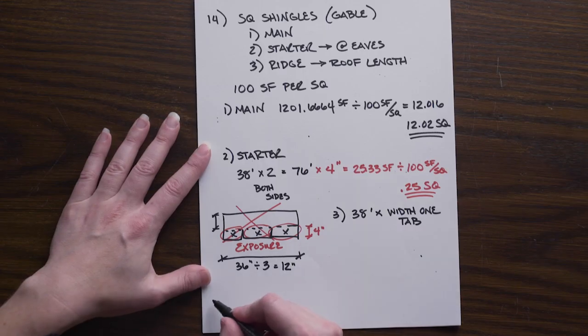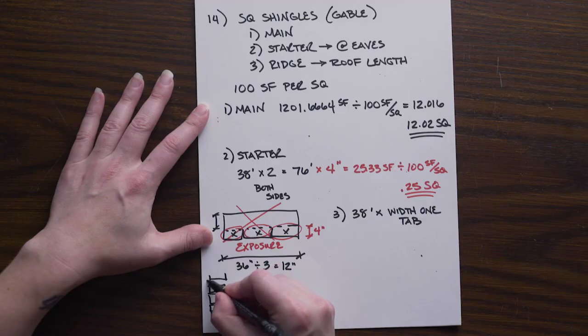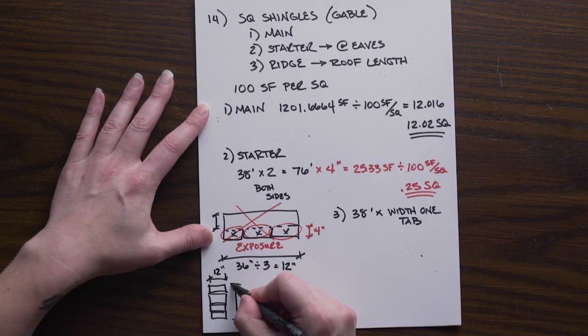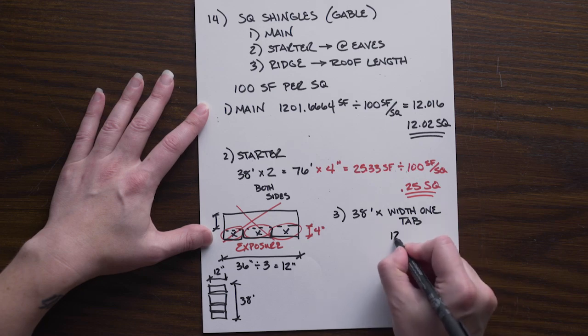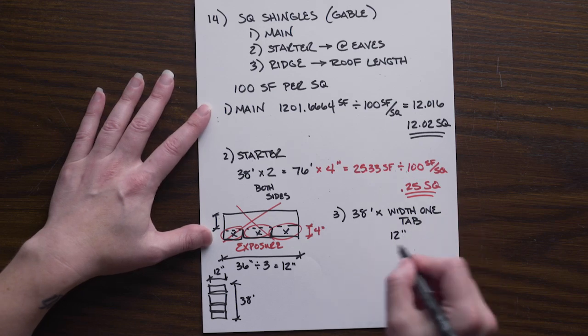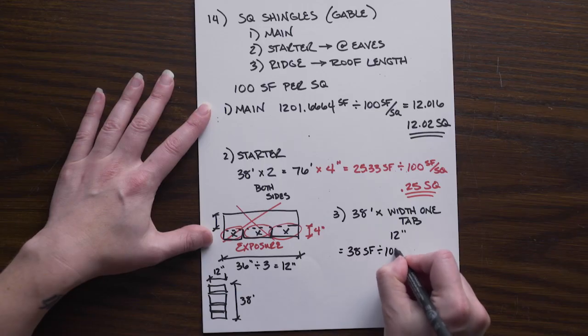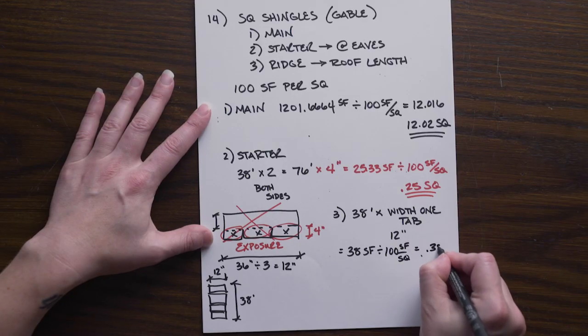So if our tabs are cut off and run the length of the ridge, this is why we need to know the 12-inch width by the full 38 feet of our ridge. So 38 feet times 12 inches, the width of 1 tab, gives 38 square feet, divided by 100 square feet per square, is 0.38 square.